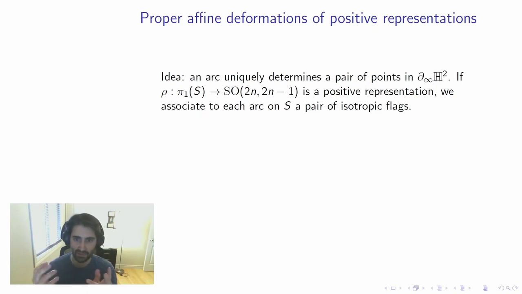So what is an arc? Well, an arc in a surface, if you lift it to the universal cover, will give you an infinite family of arcs in the hyperbolic plane. And each of these gives you a pair of points in the boundary of H2. In general, the endpoints of these arcs are not going to be part of your limit set or of the boundary of your group, but you can still pick flags related to your Cantor set limit curve in the right intervals.